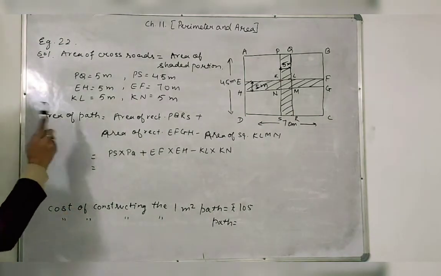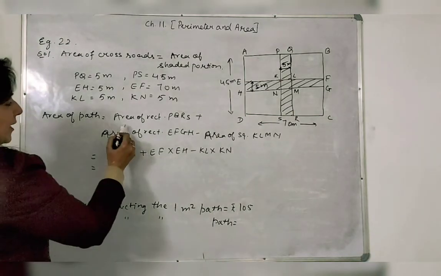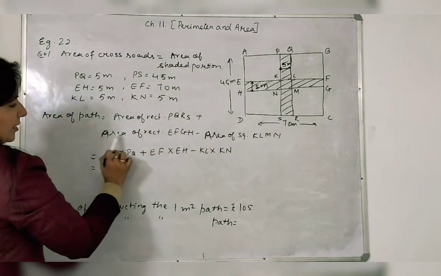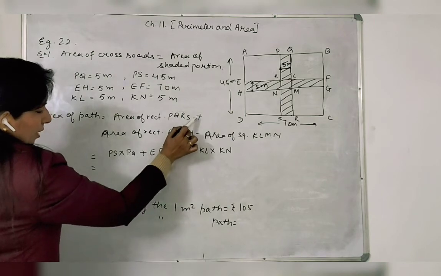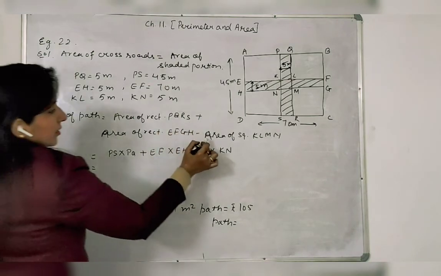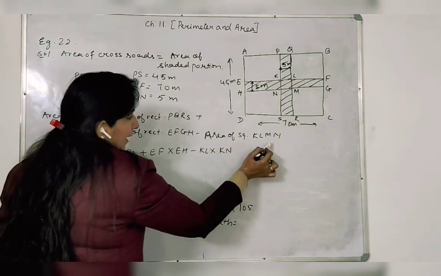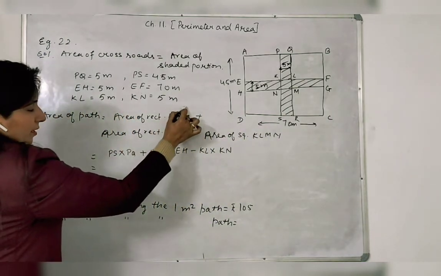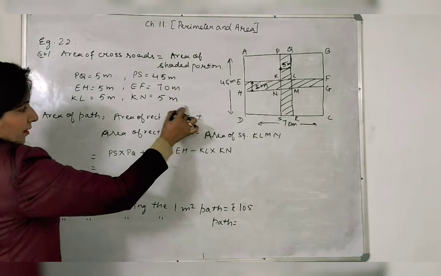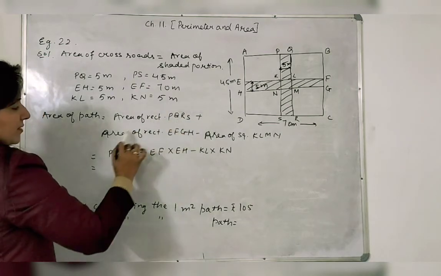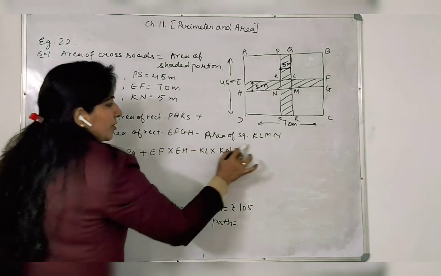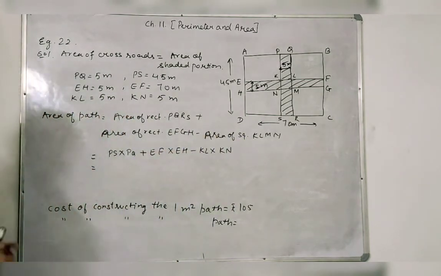Now time to calculate the area of the path. Again, to calculate the area of the path, we take the area of rectangle PQRS, add the area of rectangle EFGH, then subtract the area of square KLMN, because it comes 2 times, once while calculating the area of rectangle PQRS and once for rectangle EFGH. Two times it has come, so we are subtracting it once.